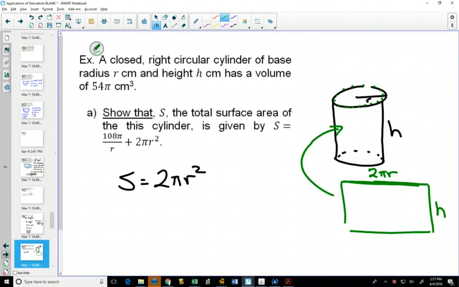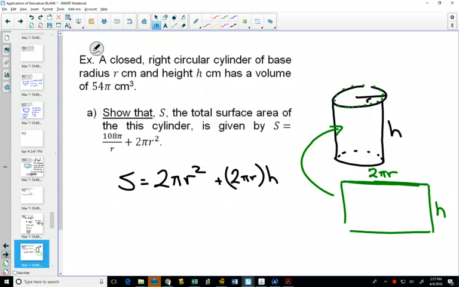So for most of our formulas, if we think about them, we can actually create them. So what is our formula for surface area? It's 2 pi r squared plus 2 pi r times h. Now our job is to show that the surface area of this one is 108 pi over r plus 2 pi r squared.